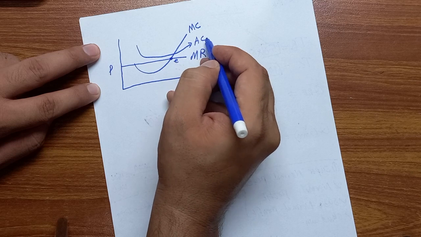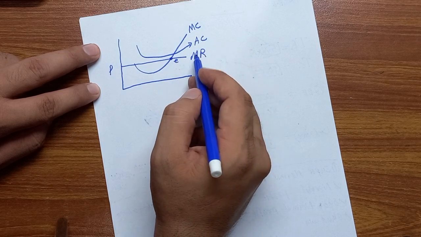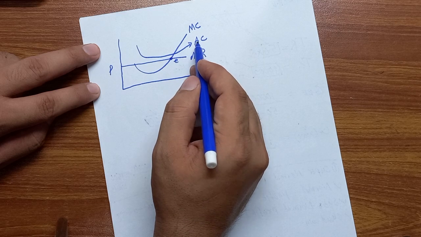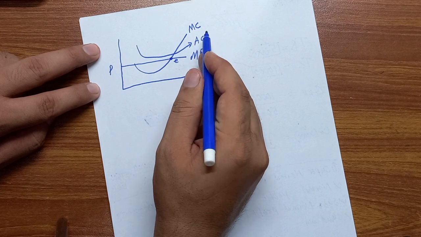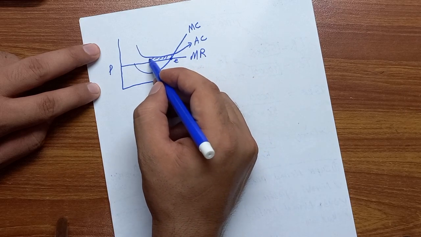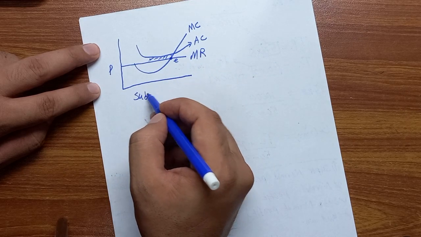In this condition the marginal revenue is less but the average cost is higher, so we have some loss. This is subnormal profit.